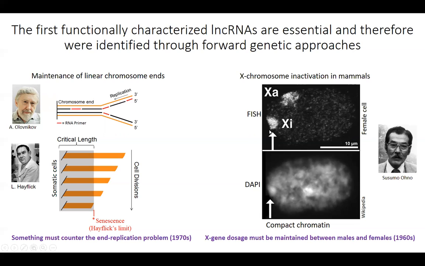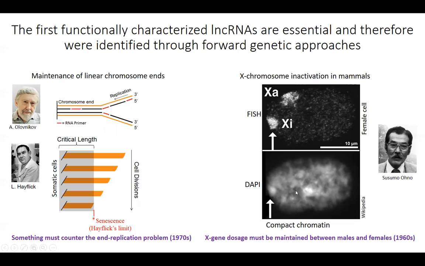This is a fluorescent staining technique used for different pieces of the genome, so different chromosomes. This one's going to be inactive. It's going to be tightened down, and we're not going to have transcription from it. So basically we just get transcription from one of the X's. This is the mechanism by which we get primarily female calico cats. So we'll see some calico cats a little bit later.